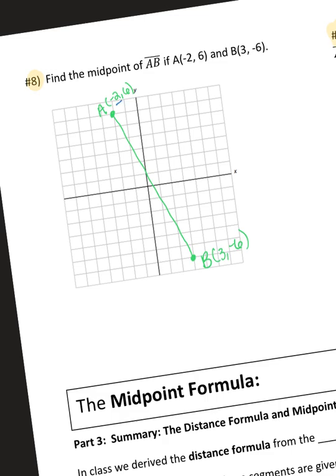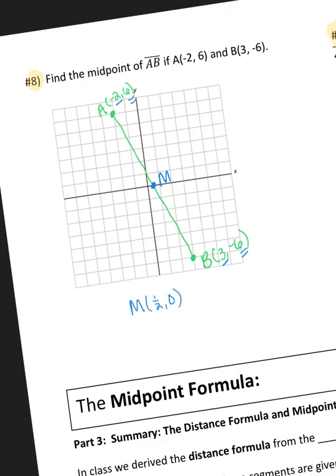So when we look at -2 and 3, and we think about halfway between them, we can essentially take the average, right? Or if you think about it on a number line. And so halfway between -2 and 3 is 1/2. And then similarly, halfway between 6 and -6 will just be 0. So this midpoint, if we call it M, has the coordinates of 1/2, 0.